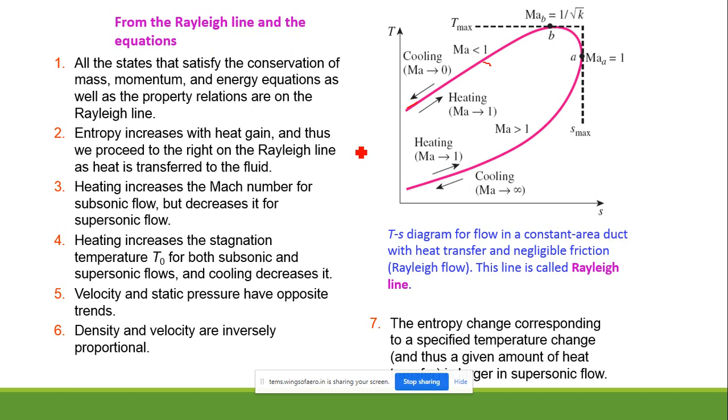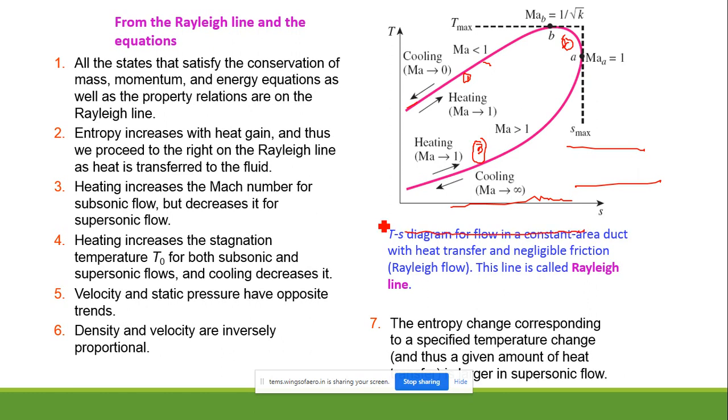That's why we are plotting the graph between T and S. In the graph we have three regions: this is one region, this is the second region, and this is the third region. I'm just differentiating the graph this way; there are no such regions in the duct, because we are considering only a constant area duct.